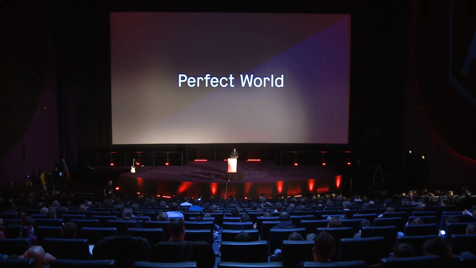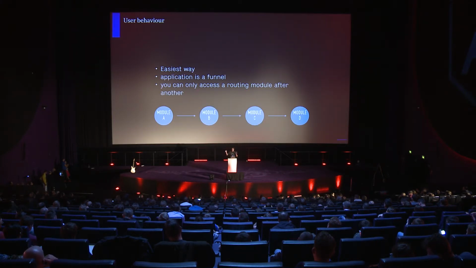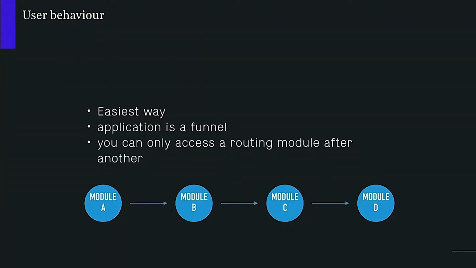So in a perfect world, you would have just one way through your application. You would have a funnel: module A, module B, C, D, and so on, and the user is only able to go from module A to module B and then module C. In this perfect world, you could start with module A and say, if the user is on a page with module A, load module B. If the user is on a page with module B, load module C, and so on.